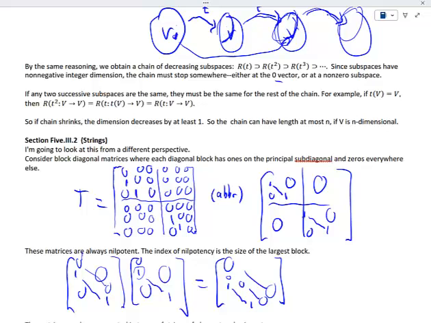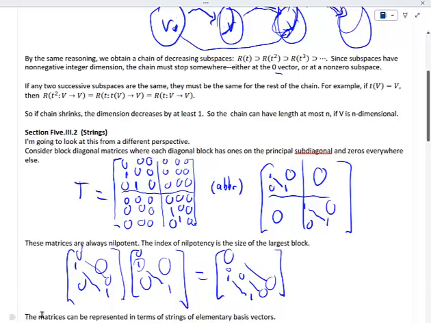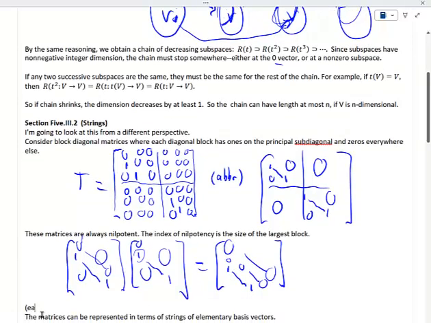So I can say it this way: each time I multiply the matrix, I will push the non-zero subdiagonal down by 1.